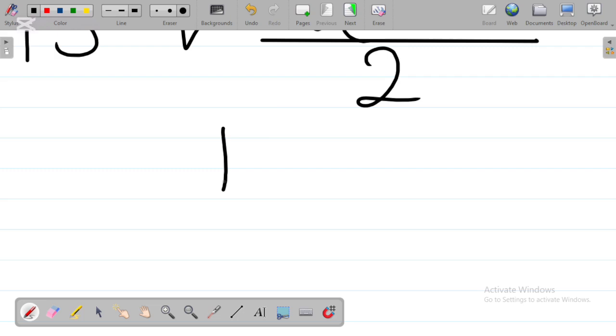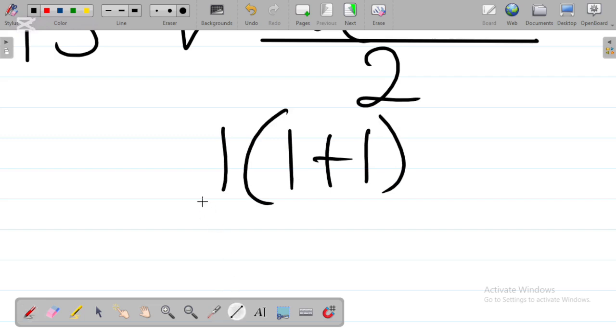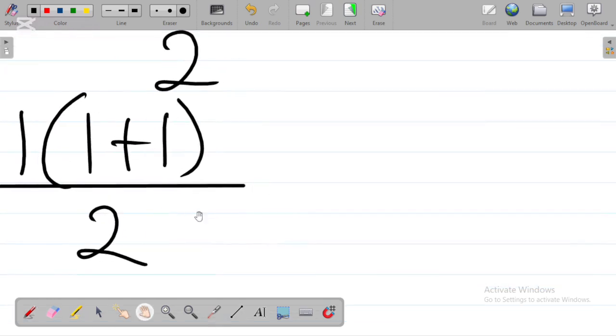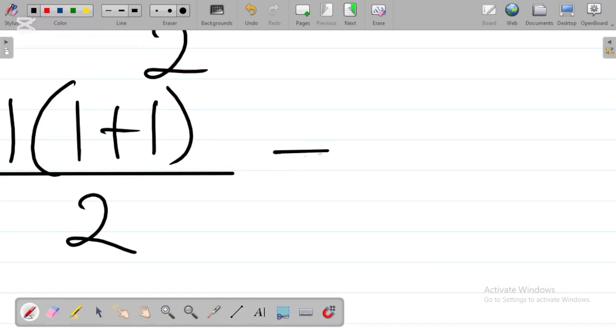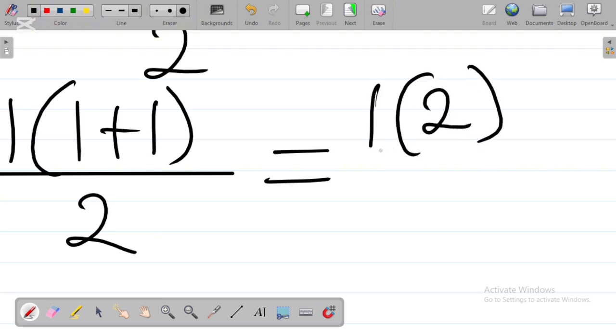So we have 1 open bracket 1 plus 1 all divided by 2. This gives us 1 plus 1 is 2. So we have 1 multiplied by 2 divided by 2.